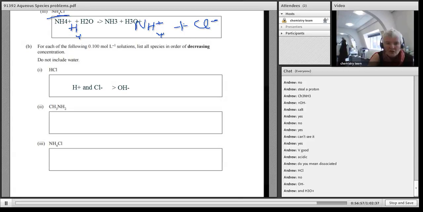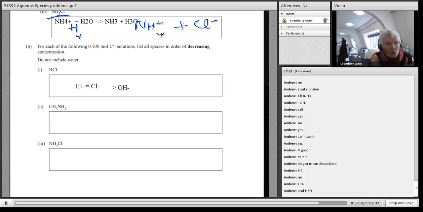But I don't think that'd mark you down if you said H plus. This should actually, I think, be better if you said equal to, which is much more than the hydroxide.